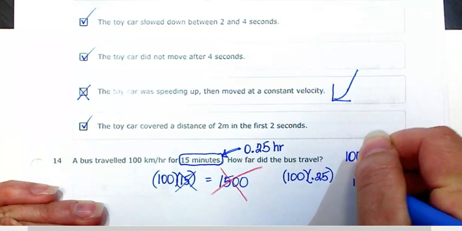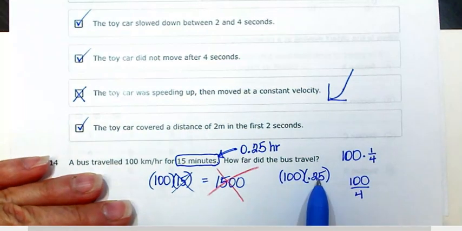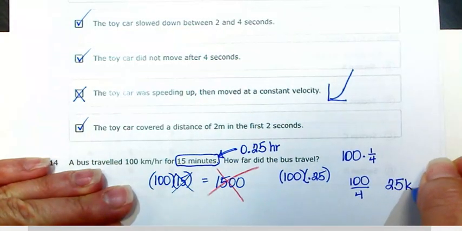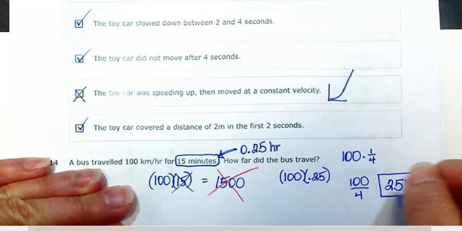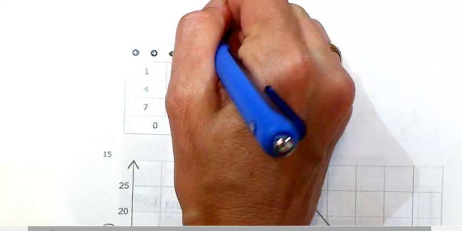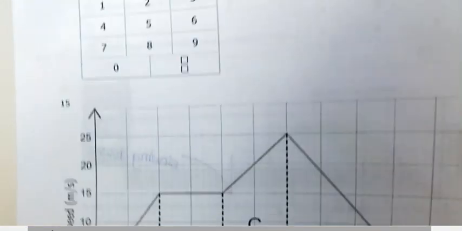Or you could have done 100 divided by 4. Bottom line is 1/4 of 100, it goes 25 kilometers in 15 minutes. Okay, so you would put 25. You don't need to worry about trying to put units because you can't really enter that on a DMAC test.